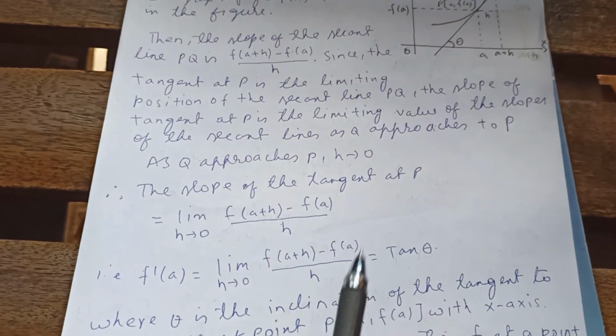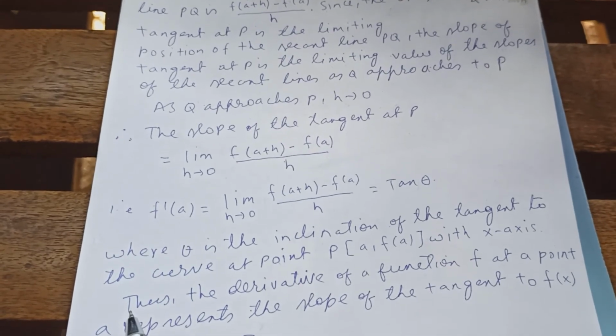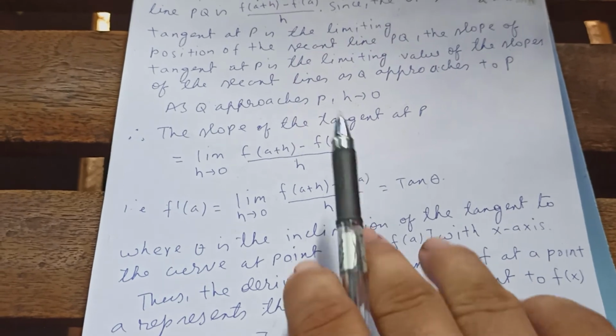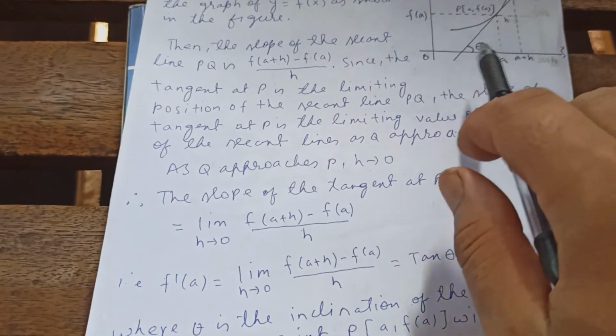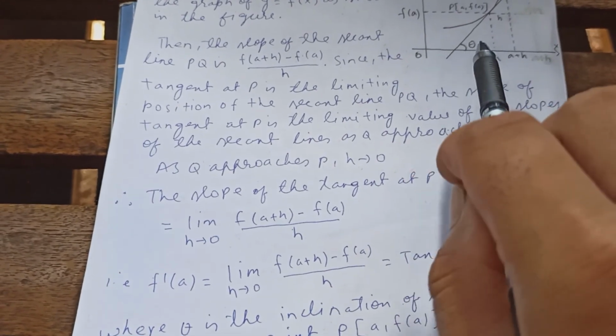So that is what we call tan theta. Therefore, theta is the inclination of the tangent to the curve at point P, f of a, with the x axis. At this point, this is the curve, and this is the inclination.